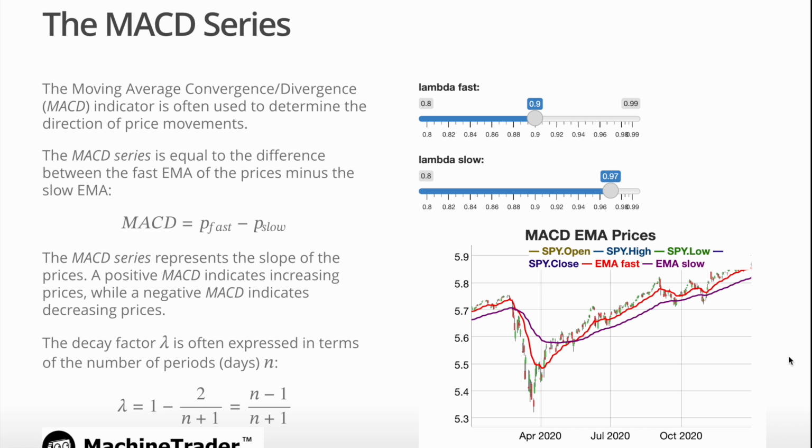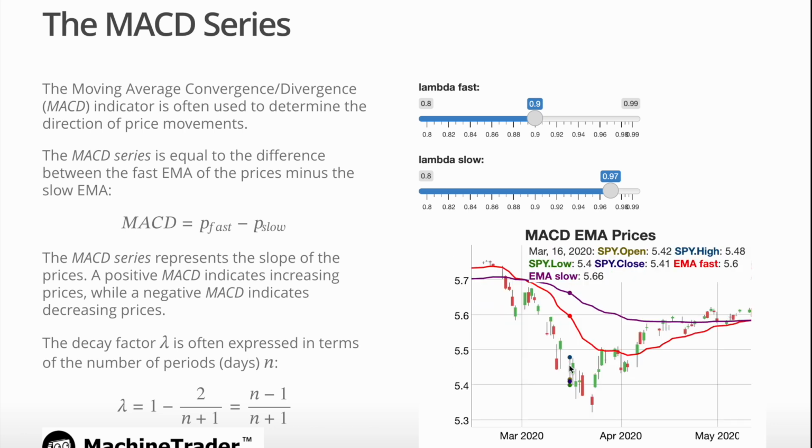And on the right panel, I plotted the underlying SPY prices. Let's zoom in. So the SPY prices are represented by these candlesticks: open, high, low, close prices.